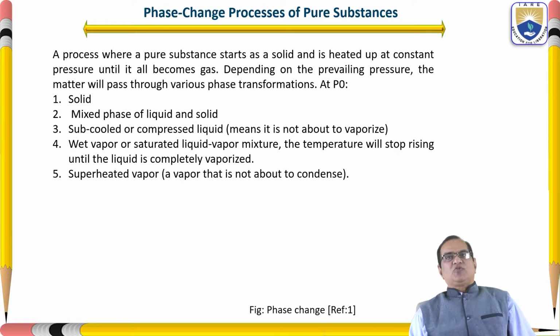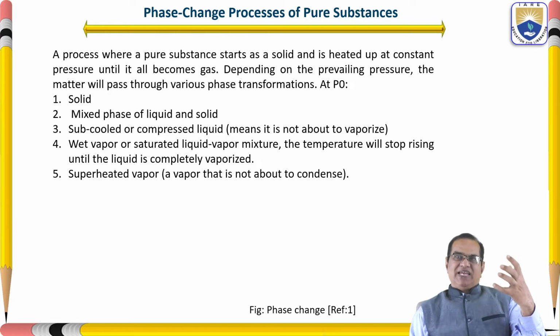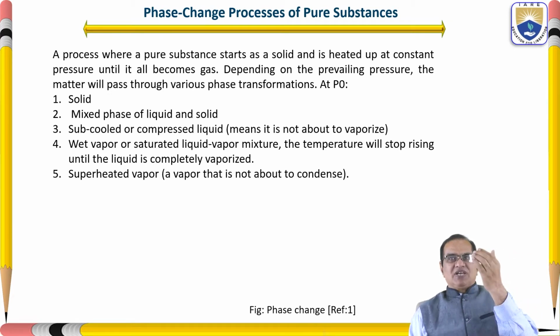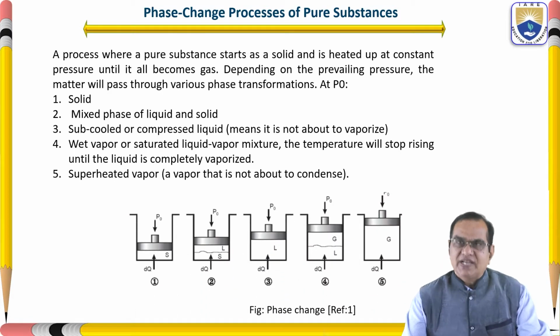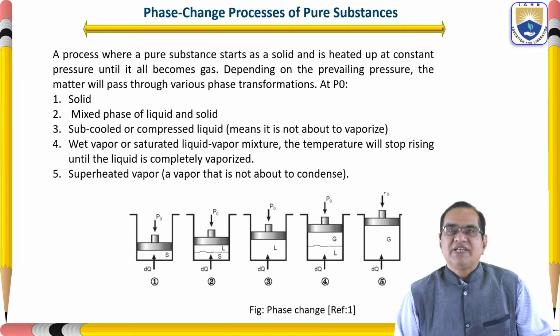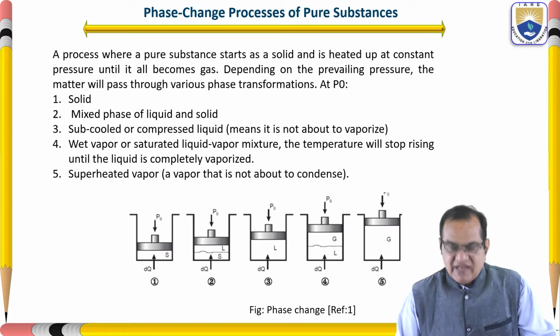Next is the superheated vapor, a vapor that is not about to condense, meaning it is at very high temperature, and subcooled is in the condensed condition. So here all these five are shown. We can see how the phases are changing.